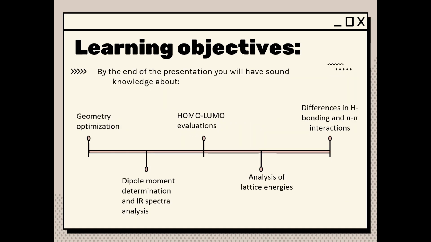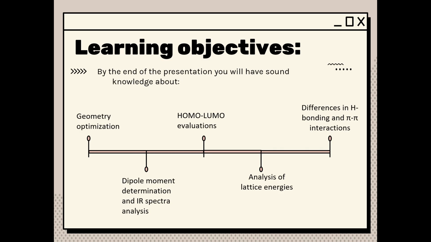By the end of this presentation, you will have gained sound knowledge about key aspects of molecular and crystal property analysis. First, I'll walk you through geometry optimization, which is fundamental for understanding molecular stability. We'll then explore the HOMO-LUMO evaluation, focusing on how these orbitals predict reactivity.